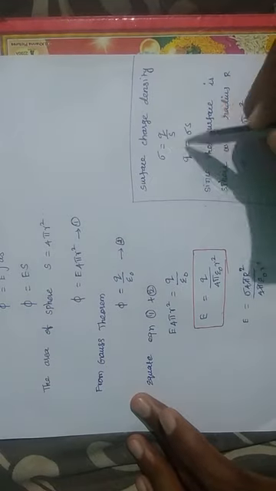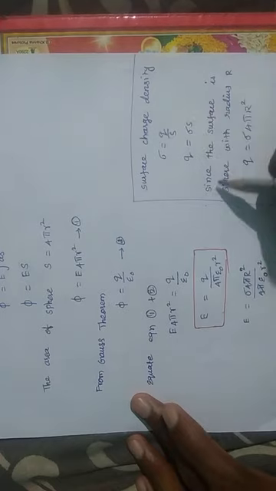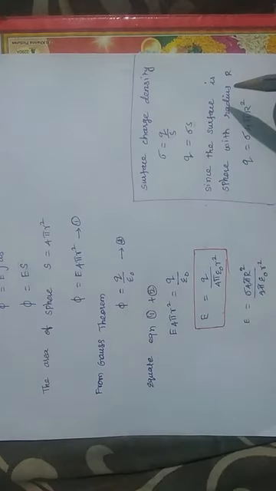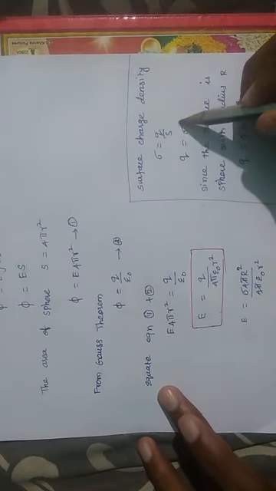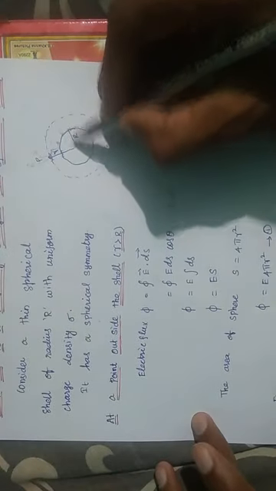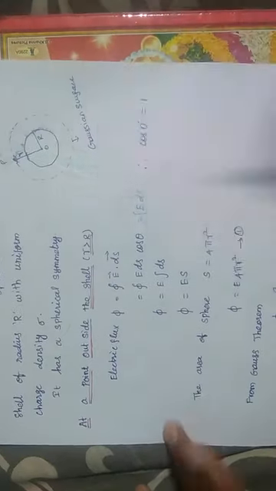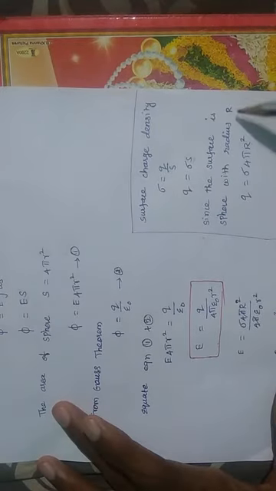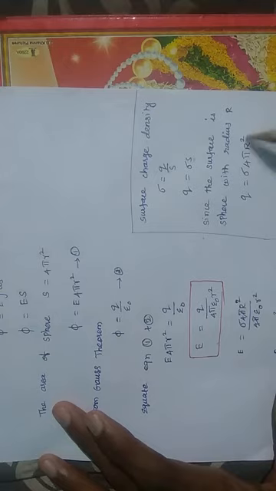We need q alone. So q is equal to sigma into s. Since the surface is a sphere with radius of R, q is equal to sigma 4 pi R square.